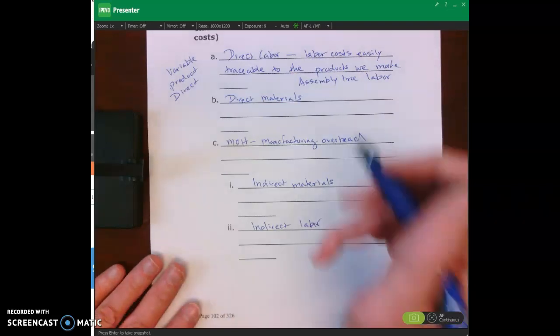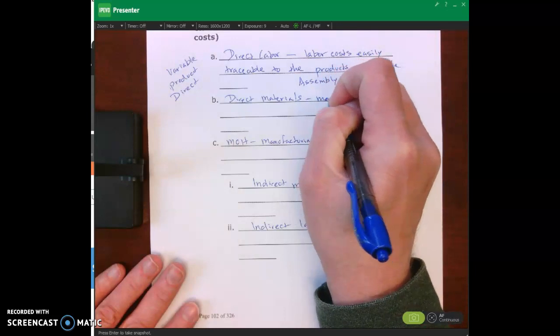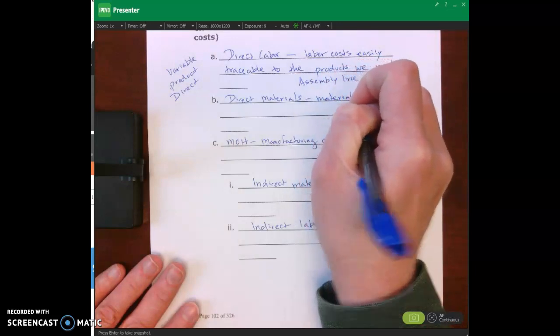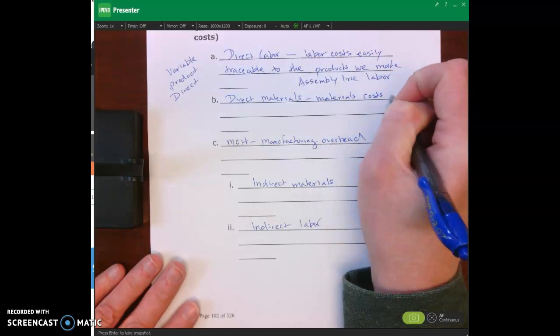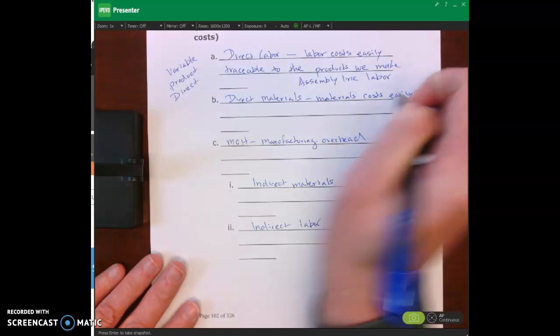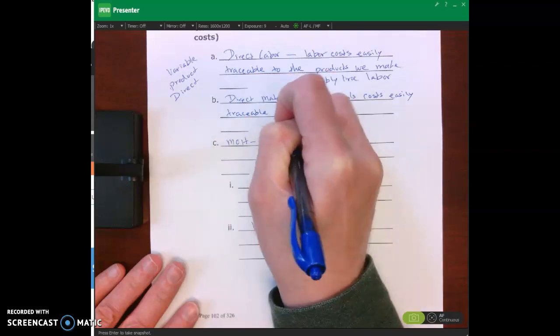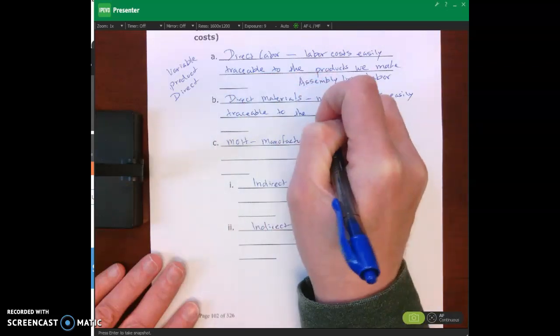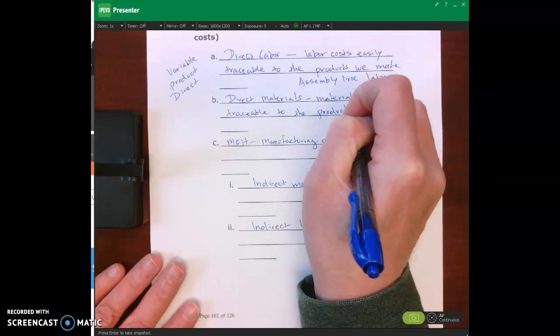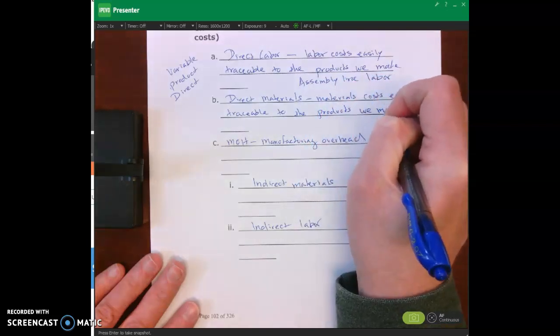Direct materials are materials costs easily traceable to the products we make.